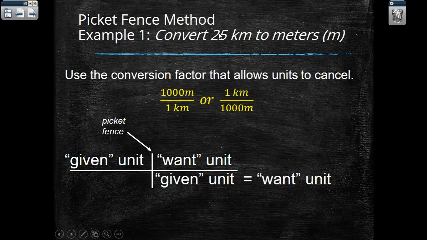In this case, that's the 25 kilometers. On the right side of the post, we're going to put the unit of measure we're trying to convert to, over the unit of measure that has been given to us. What's going to happen is the unit that's been given is going to cancel or reduce out, and we're going to be left with the unit that we want.